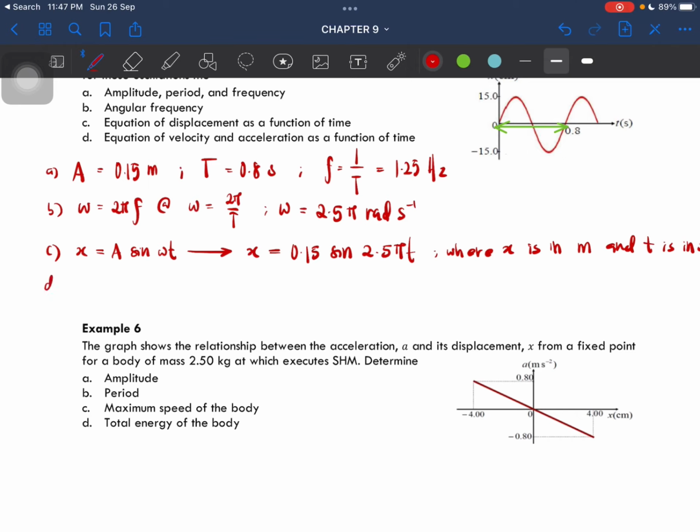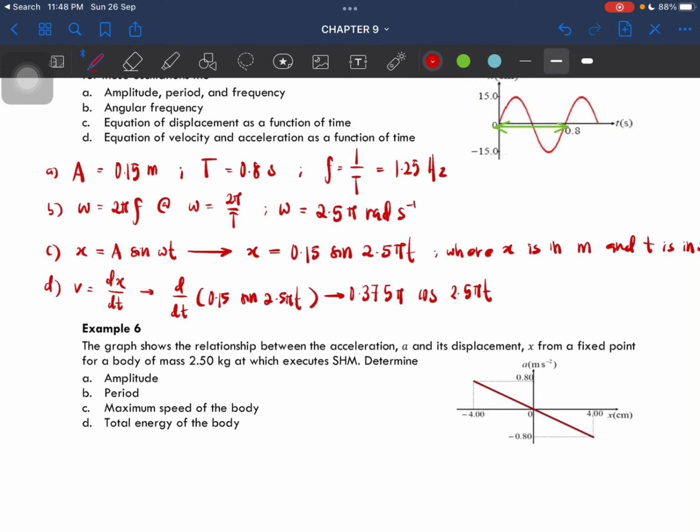Okay, then we have to write down also the equation of velocity and acceleration as a function of time, where the velocity equation is the rate of change of displacement. So we are going to differentiate this in terms of time, which will give us 0.15 sine 2.5 pi t differentiated, which gives the equation to be equal to 0.375 pi cos 2.5 pi t.